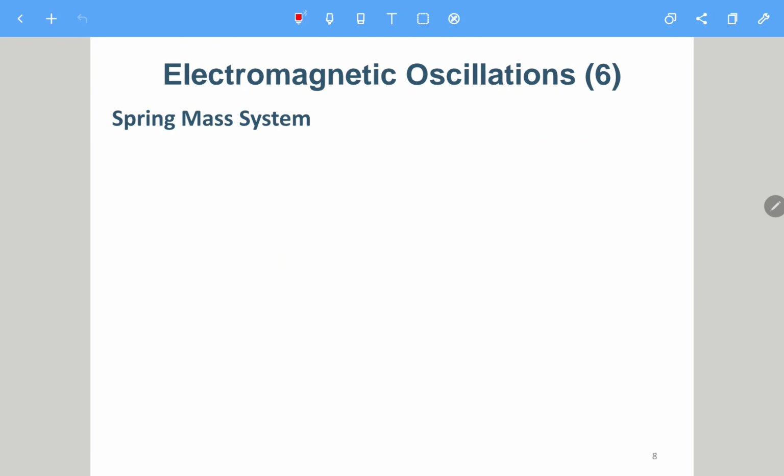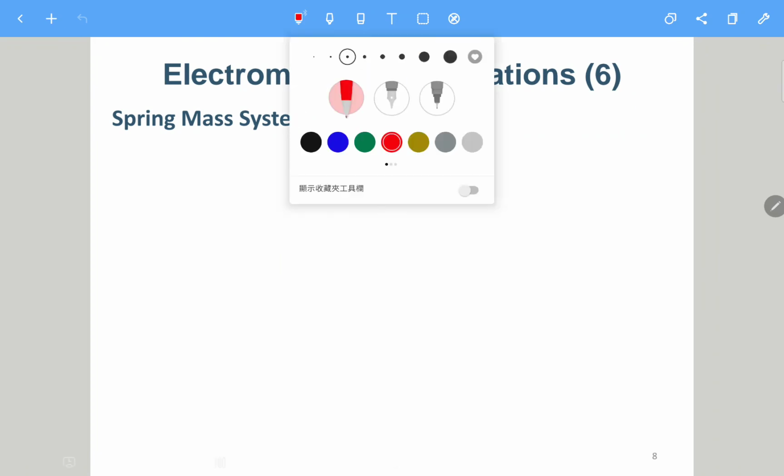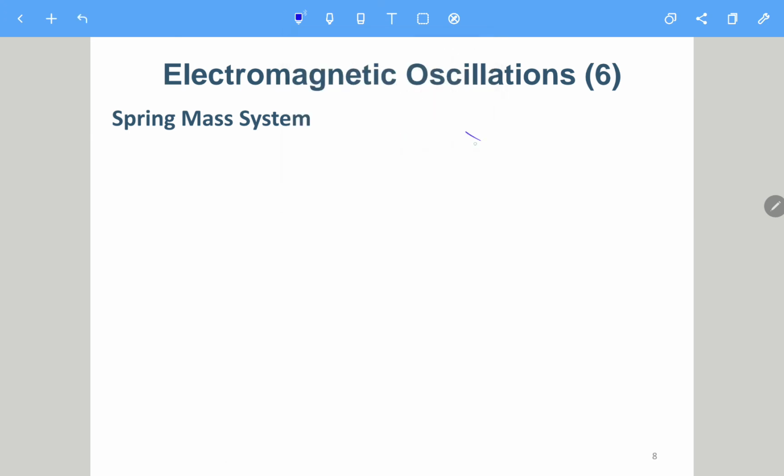And then for the spring mass system, we can also do similar things. Suppose we have this spring K, and then this is M. If you try to drag it up to x, we will have f equals negative kx, and then f is actually ma.